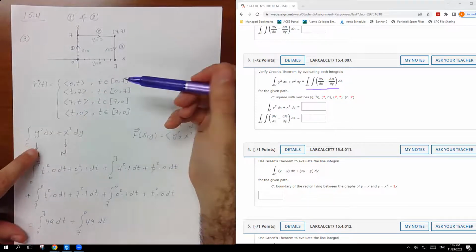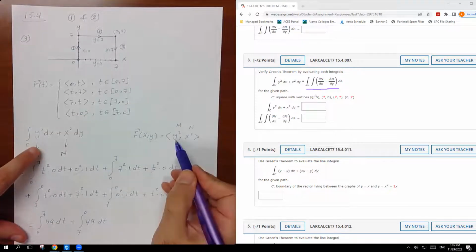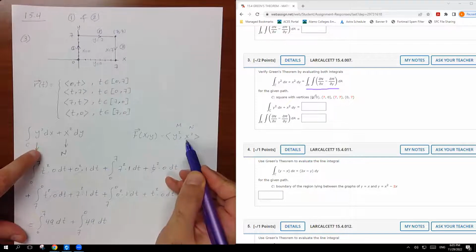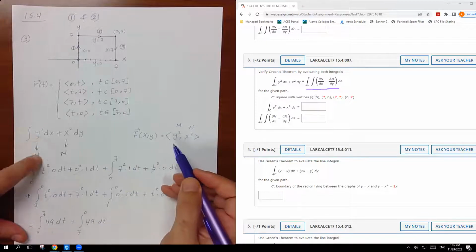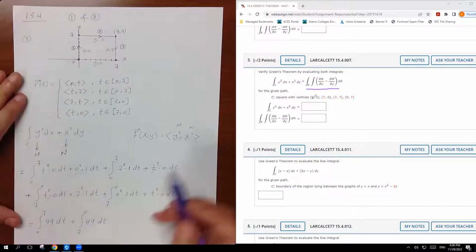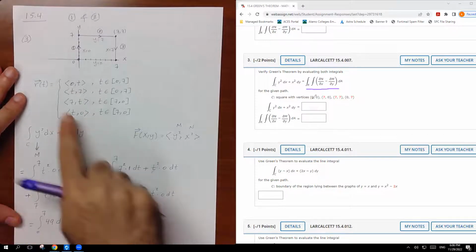So the integral, here is our function, is going to be y squared and x squared, because this is m and this is n. Now let's find the integral for each one.